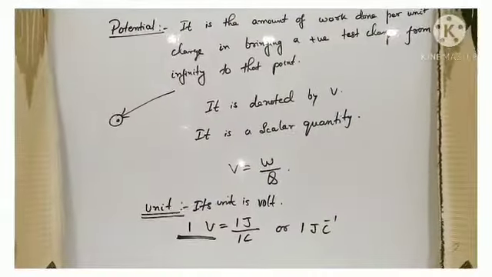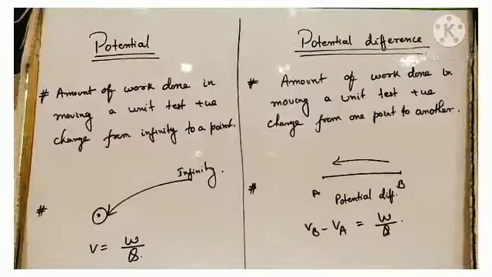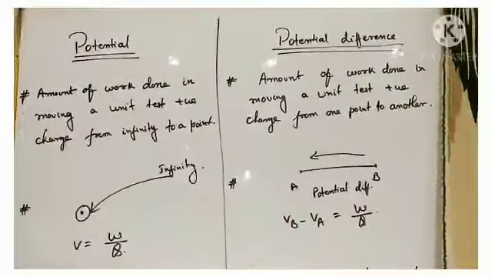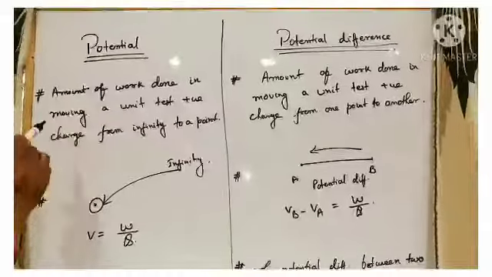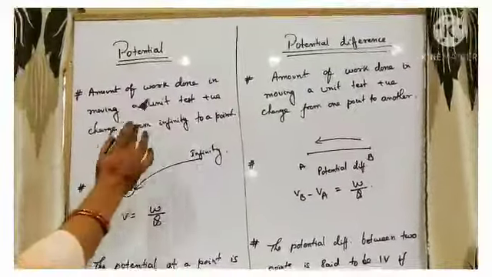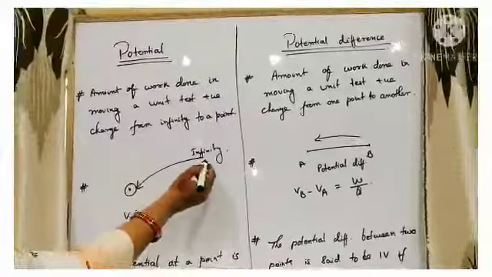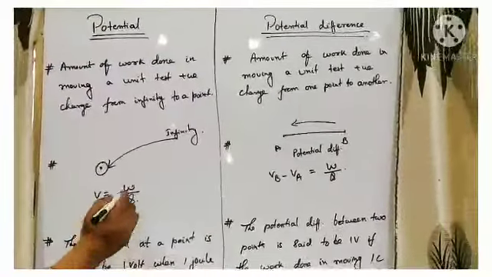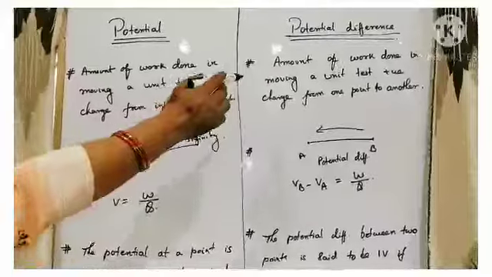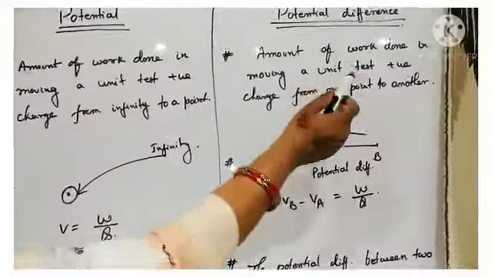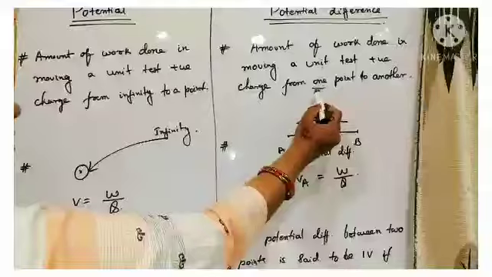Now potential difference. To discuss potential difference, we will compare it with potential, so it is clearer for all of you. Potential is the amount of work done in moving a unit test positive charge from infinity to this point. So V is equal to W by Q. Now potential difference is the amount of work done in moving a unit test positive charge from one point to another.